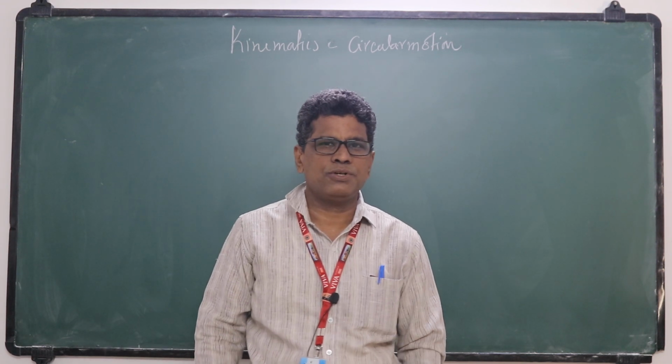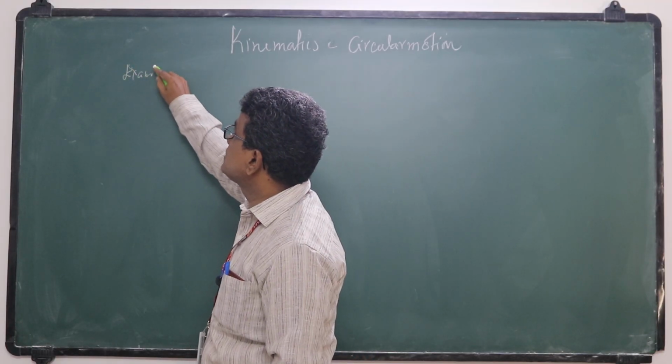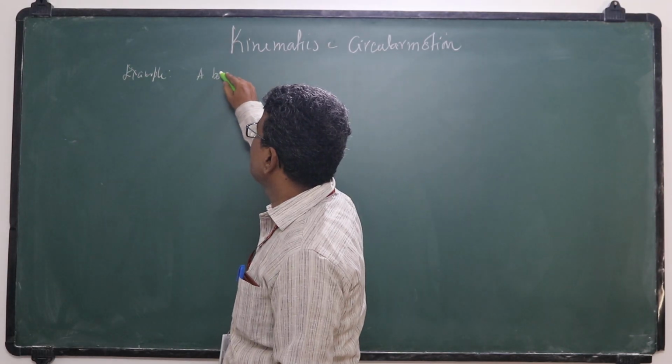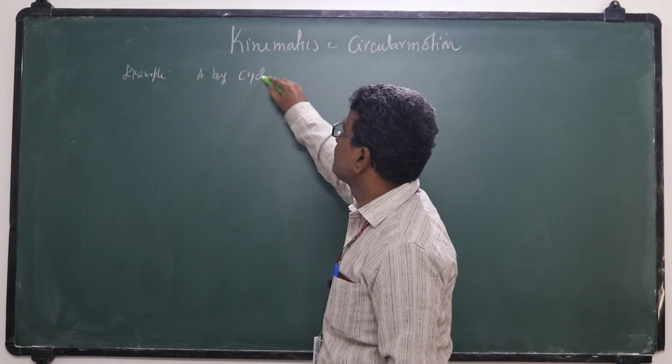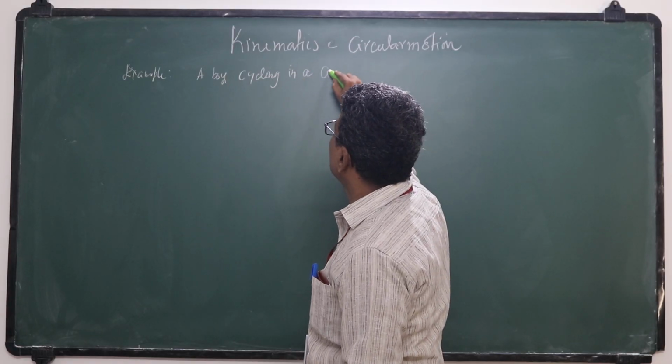So what are the examples for circular motion? A boy cycling in a circular path.